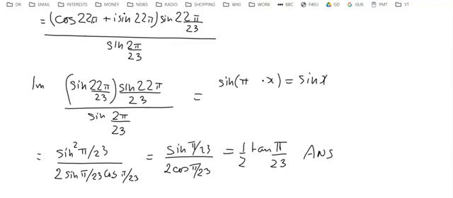And that becomes sin(π/23) over 2 cos(π/23). And eventually we obtain half tan(π/23).